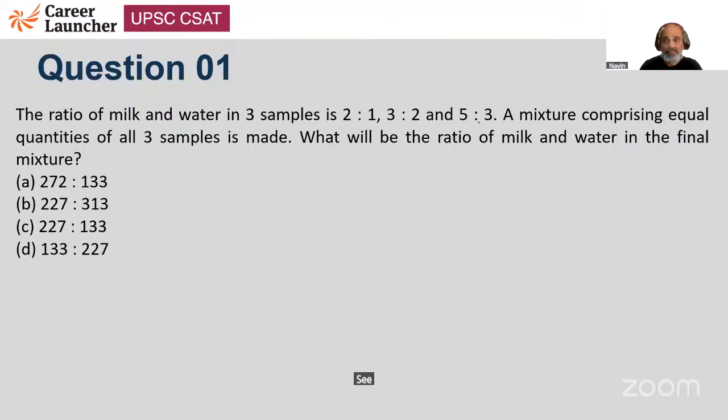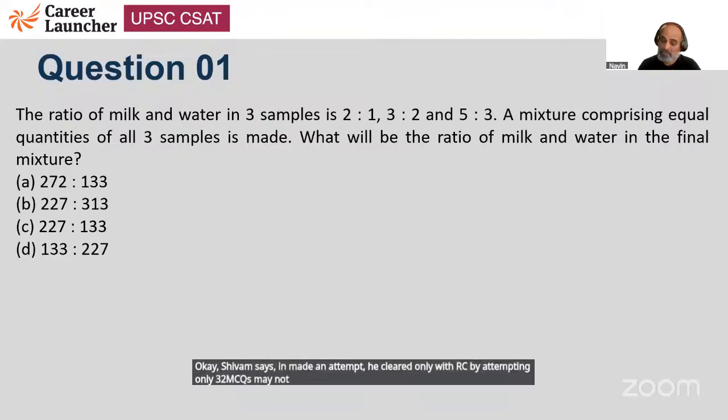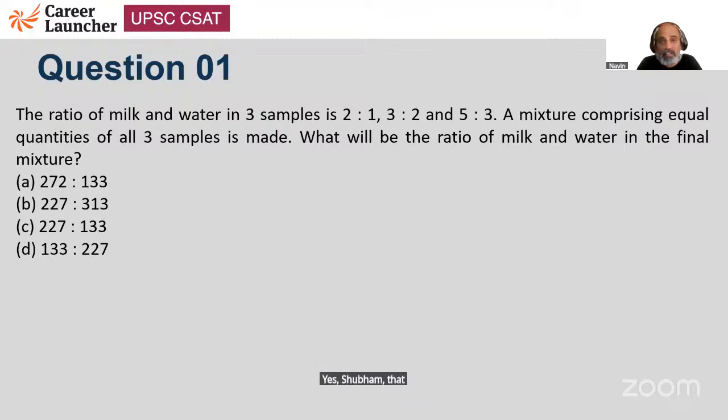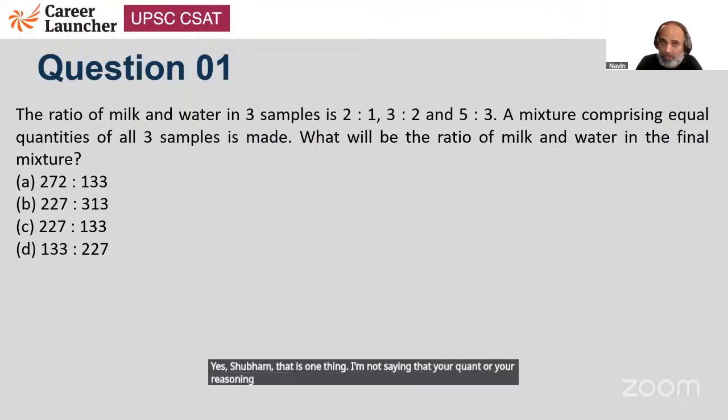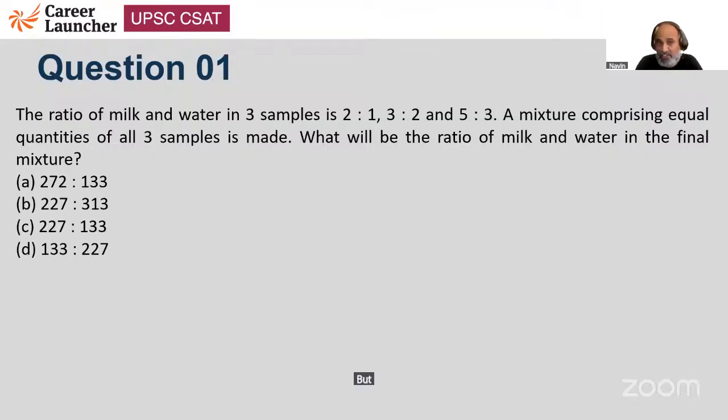See? Hmm. Okay, Shivam says in maiden attempt he cleared only with RC by attempting only 32 MCQs. May not happen again. Yes, Shubham, that is one thing. I'm not saying that your quant or your reasoning is bad or your English is very good, but clearing the section just by attempting one of the three topics, it's rare.